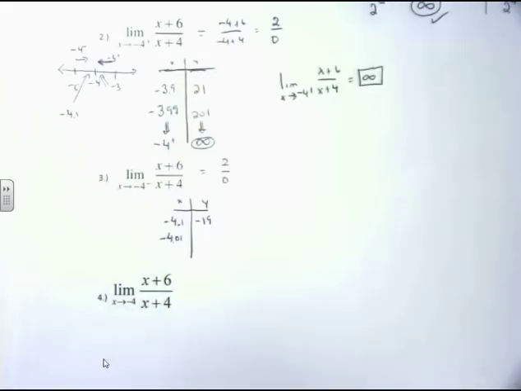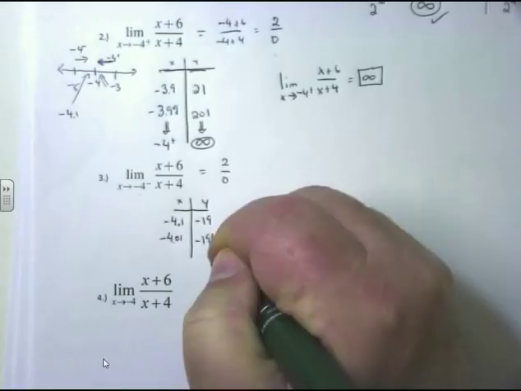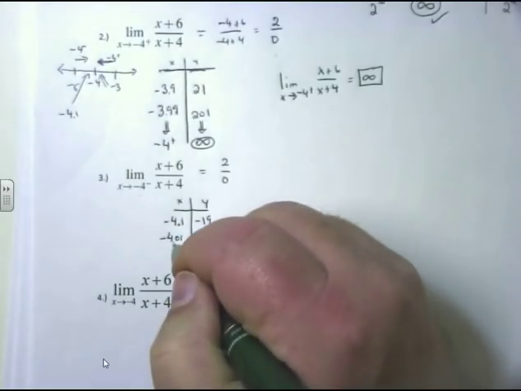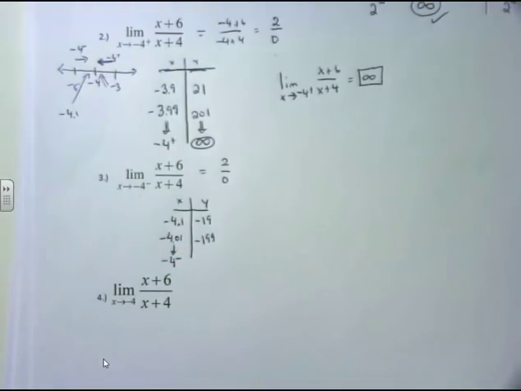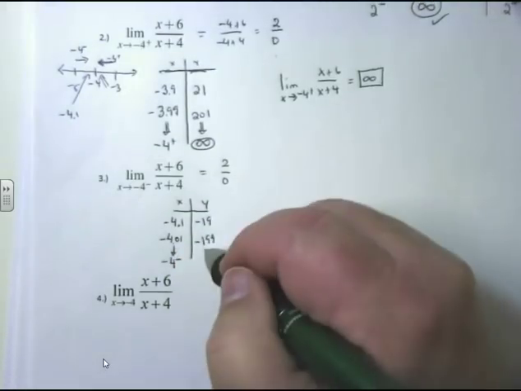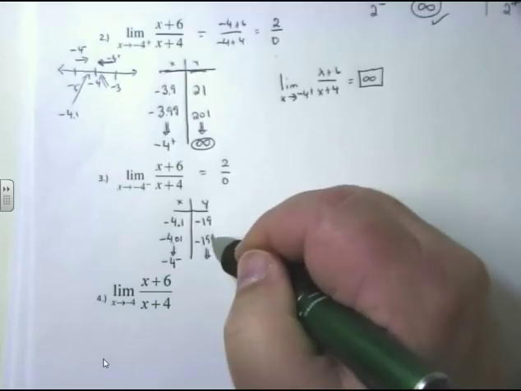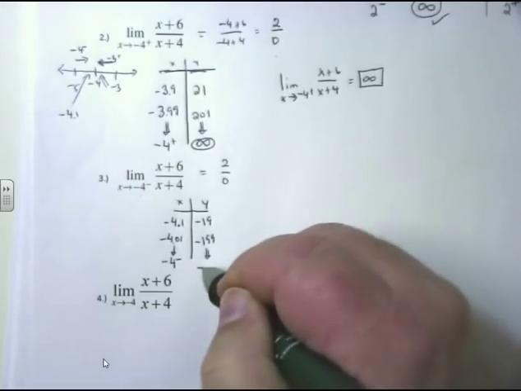Negative 199. So once again, as my numbers get very close to negative 4 from below, from the left, my numbers are going from negative 19 to negative 199. They're going towards negative infinity.